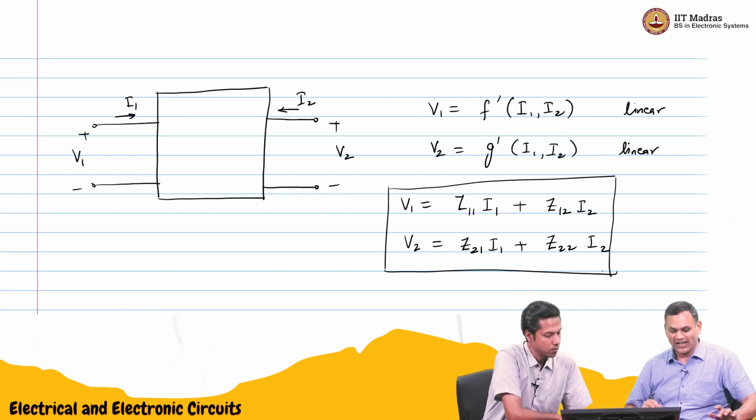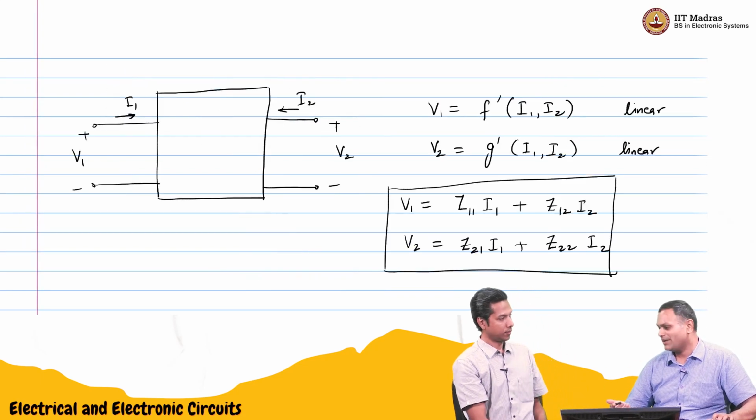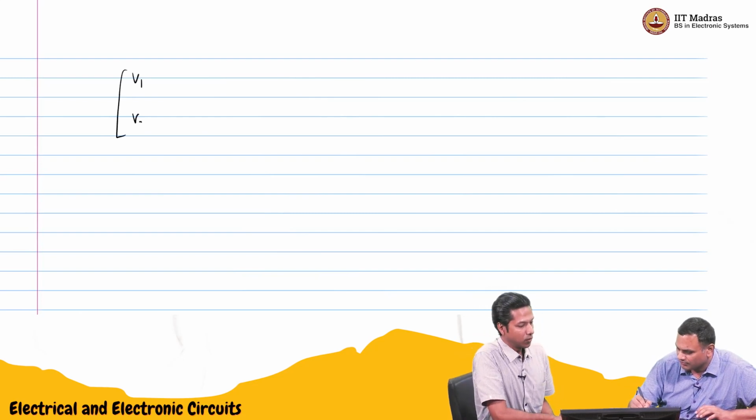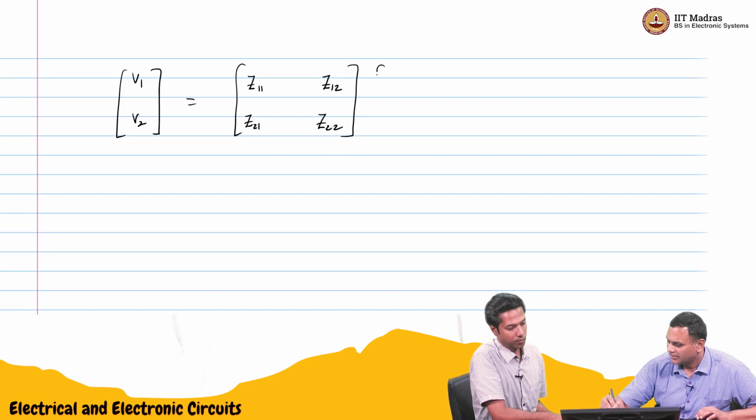And just like we wrote the Y equations in matrix form, we can write this one in matrix form as well. So now your V1 and V2 are the Z matrix, Z11, Z12, Z21, Z22, times I1, I2.